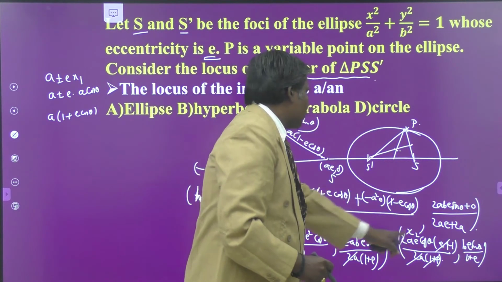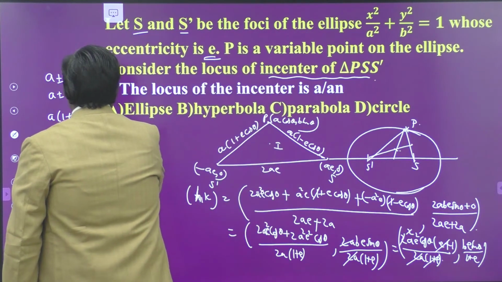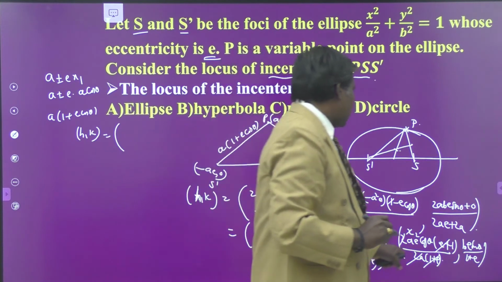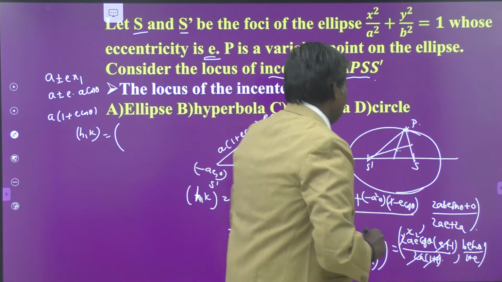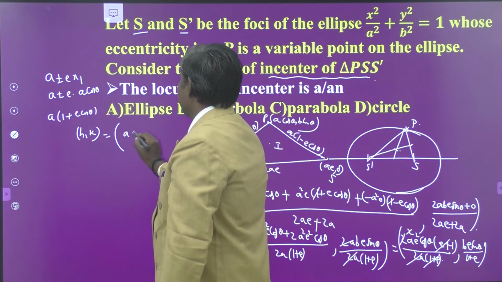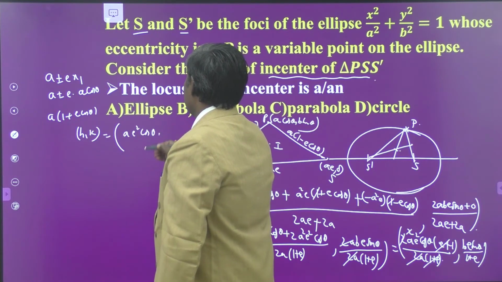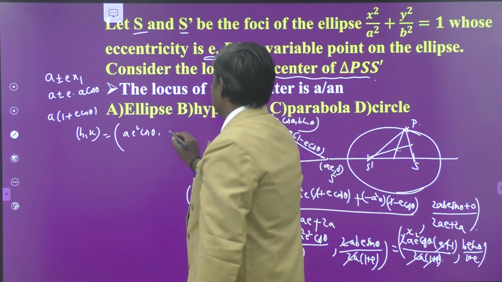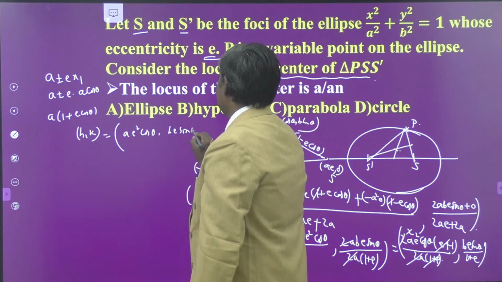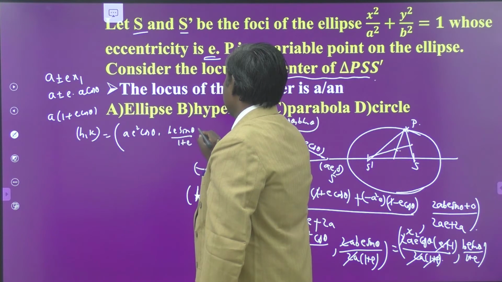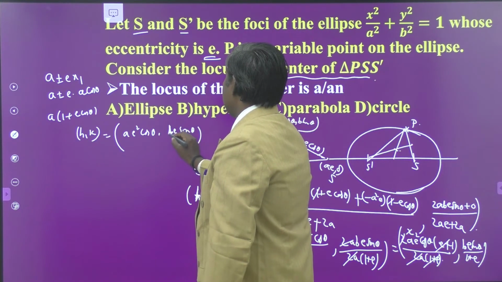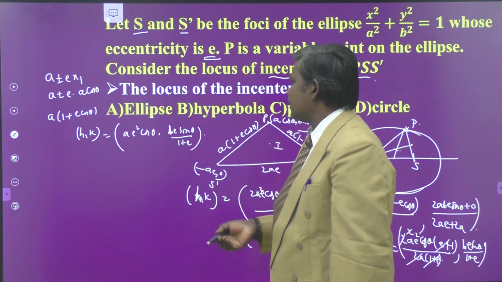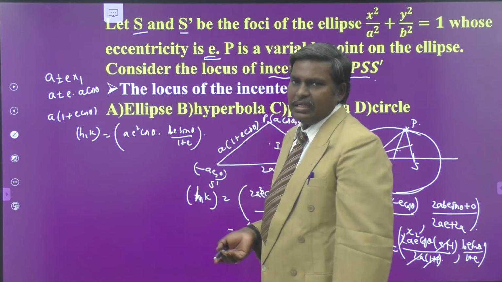We have the h comma k as, h comma k is equals to, what is the remaining thing here? a e square cos theta, comma, b sin theta by 1 plus e. From that you can calculate easily cos theta and sin theta. You can write the locus.